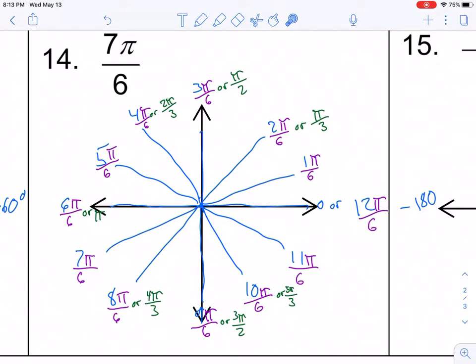Track with me here. Every time we move 30 degrees is essentially what's happening. 30 degrees, 30 degrees, 30 degrees, and so on. What happens in radians is we're moving once, twice, 3, 4 times, 5, 6, 7, 8, 9, 10, 11, 12.